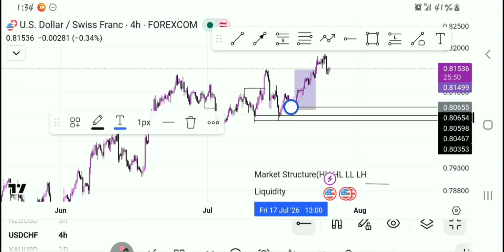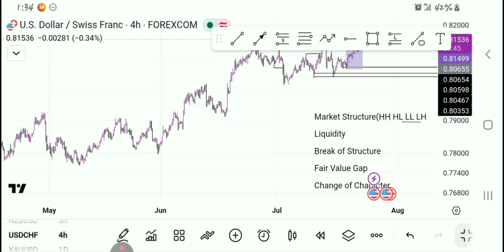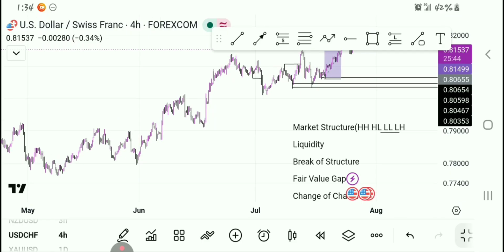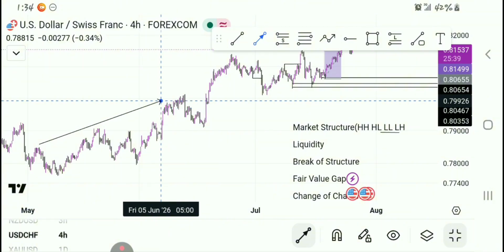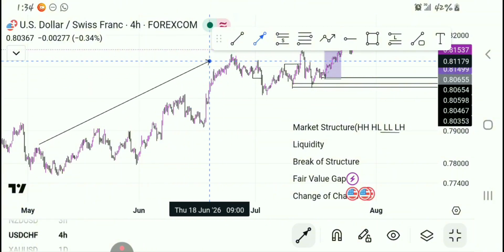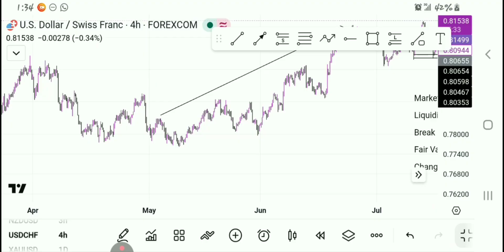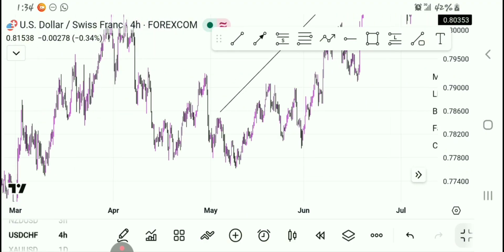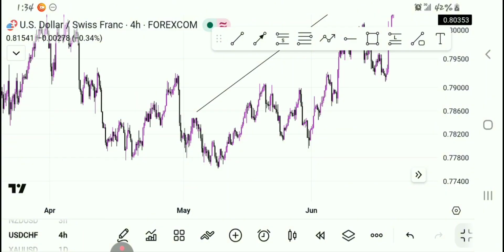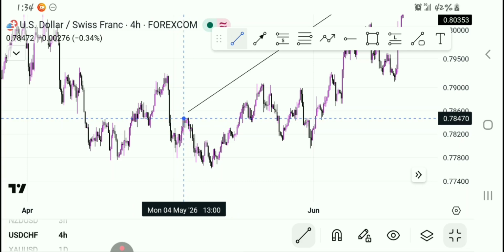We are on the 4-hour chart, as you can see from this zone here. You can see we are in an uptrend. Then what will you do when we are in an uptrend? You start from the low. This is the low here, to start marking out your BOS. So this is our BOS here.